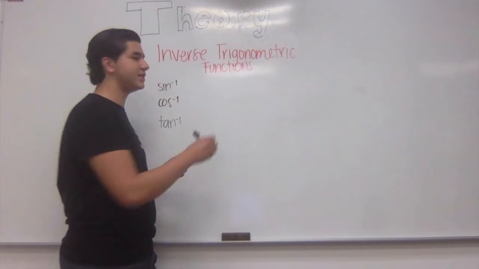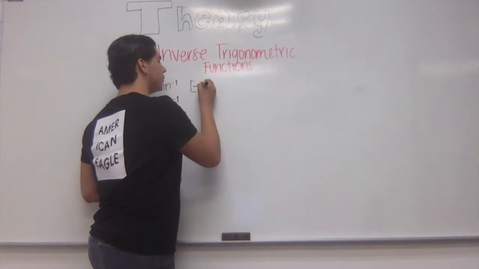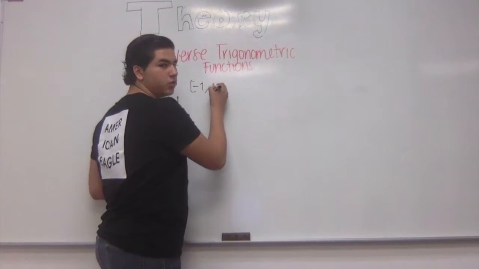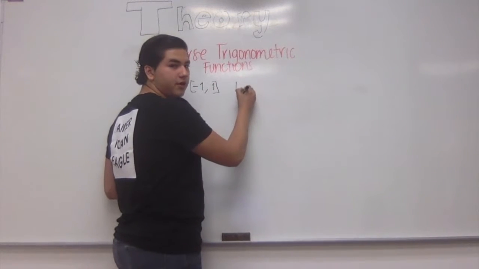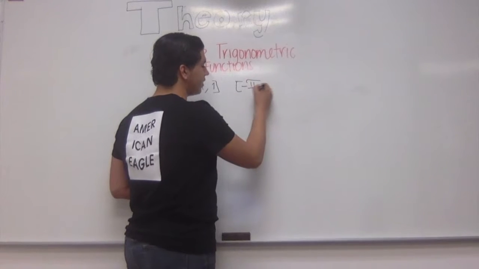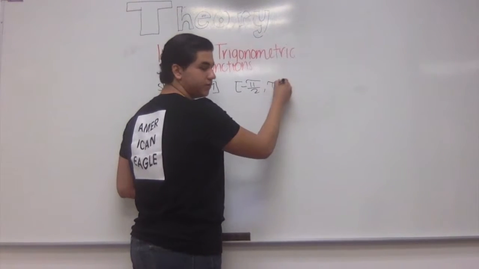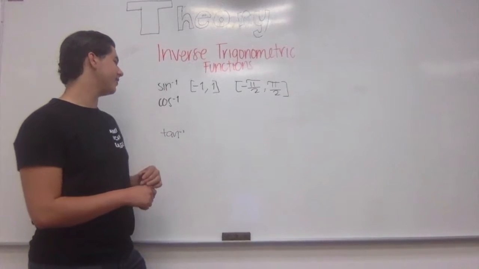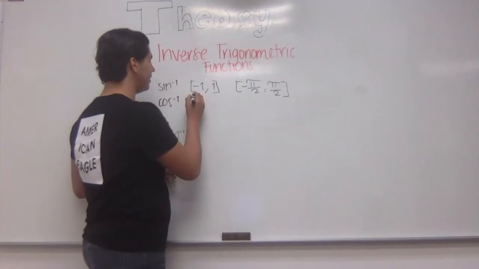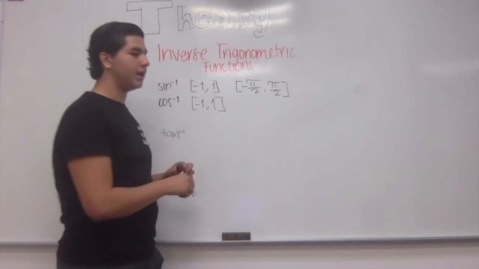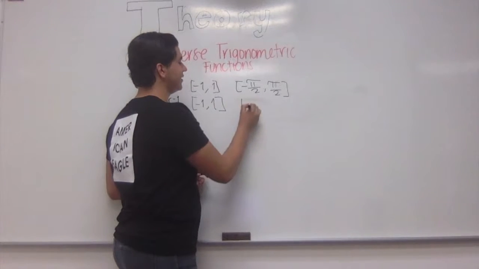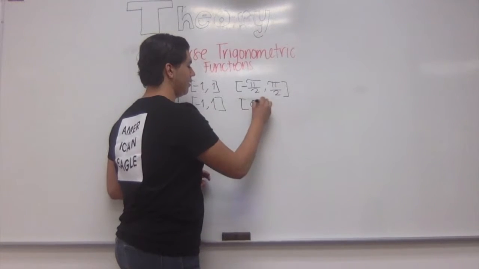The domain for inverse sine is -1 included to 1 included, and the range is from -pi over 2 to pi over 2. The domain for inverse cosine is the same, -1 to 1 included, and the range is from 0 included to pi.